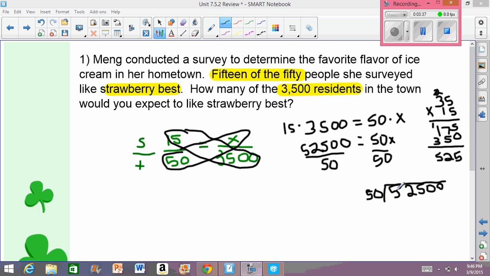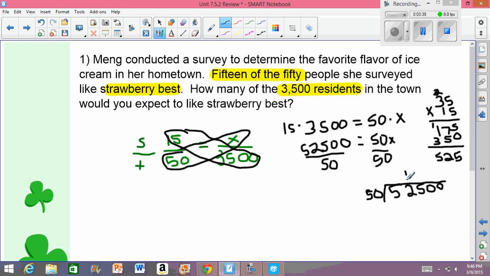So when I start my division, 50 doesn't go into 5, but it goes into 52 once. So that would give me 50. Subtract. I have 2 left. Bring down my 5. Well, 50 doesn't go into 25, so I have to put a 0 up on top. And I'm going to bring down my other 0. So now we're doing 50 into 250. And that gives me 5. And that goes in exactly.